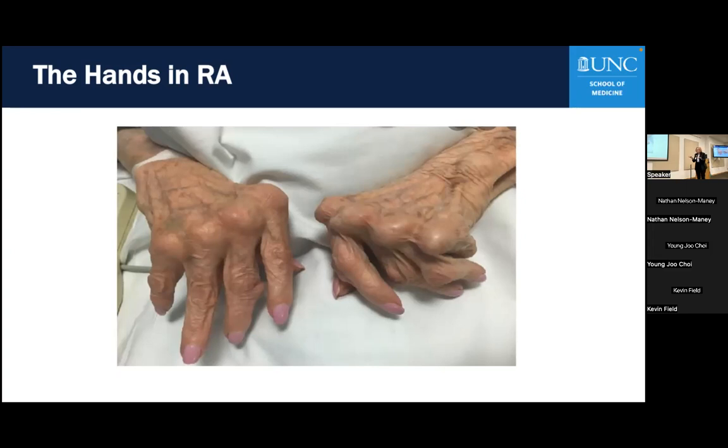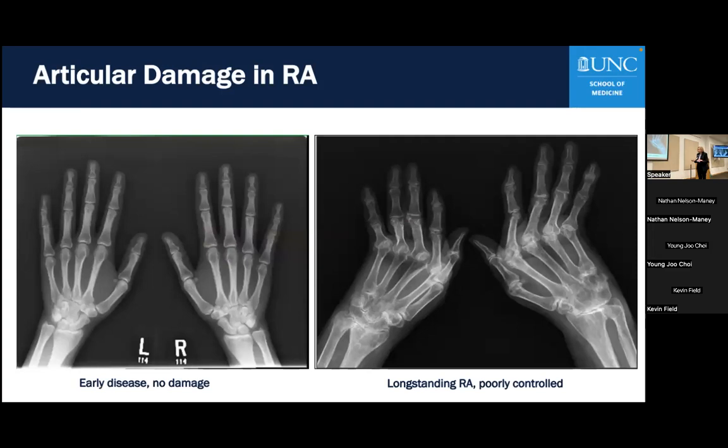And then the fingers are deviated toward the ulnar side of the hand. And on this left hand, this patient will not be able to extend her digits because of that subluxation. So this is severe deforming rheumatoid arthritis. This is what we're trying to avoid.